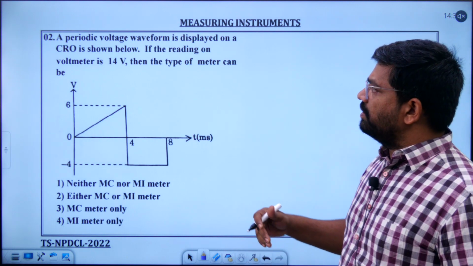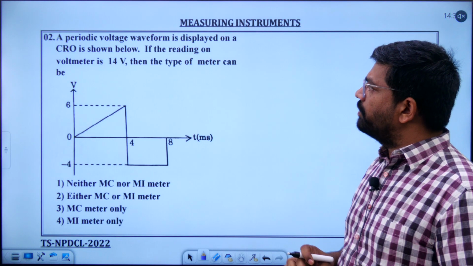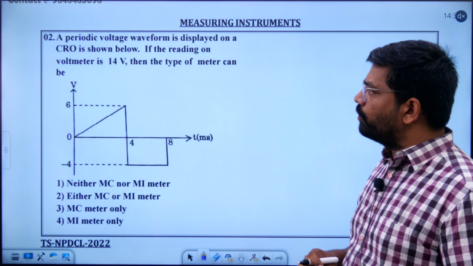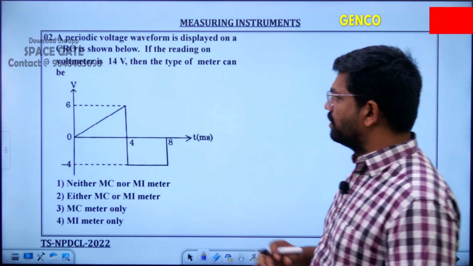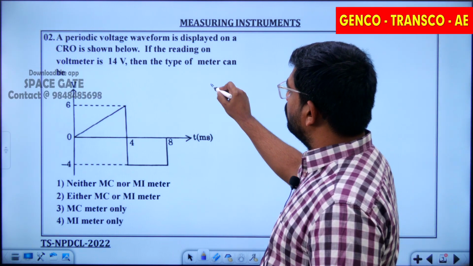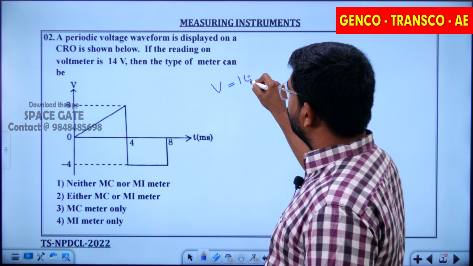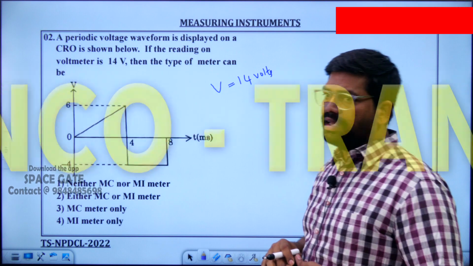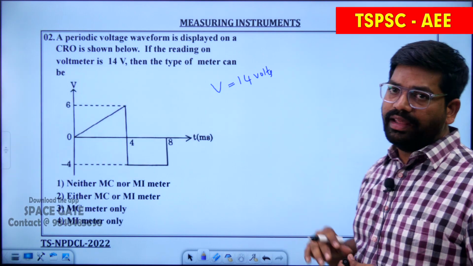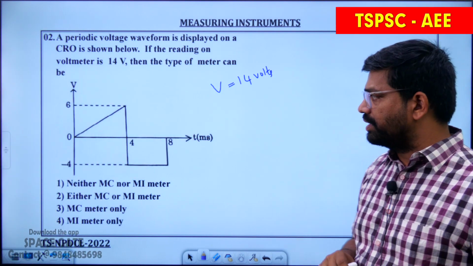Given in this paper, a periodic voltage waveform is displayed on a CRO as shown below. If the voltmeter reading is indicated as 14 volts, then which type of meter will give a reading of 14 volts? That is the question here.